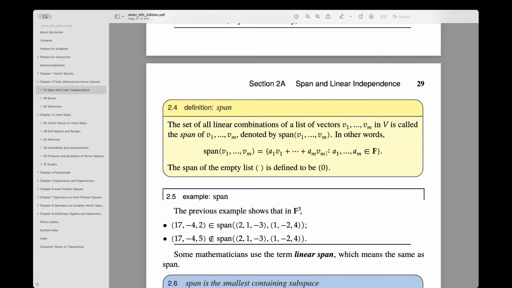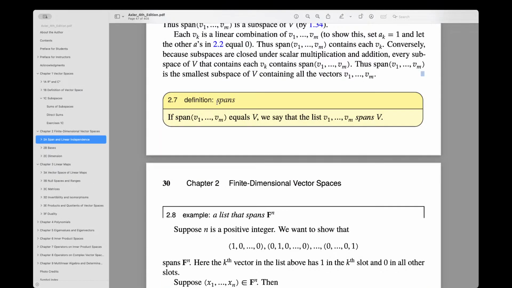As you can see here, the proof is pretty trivial, so we're not going to go through it too much. And then we can also say that a list of vectors spans a space. If you take a list of vectors and you construct a span, that's a vector space. But conversely, if you have a vector space and a list of vectors such that the span is equal to it, then that list of vectors spans the whole space.